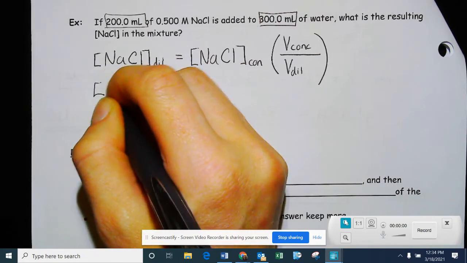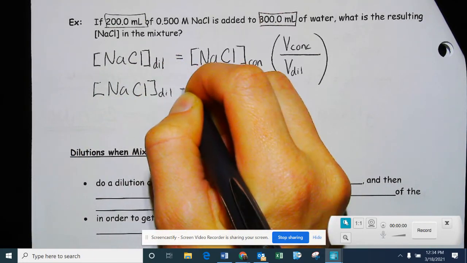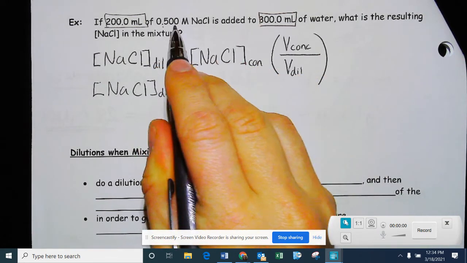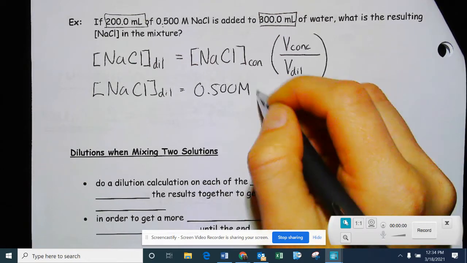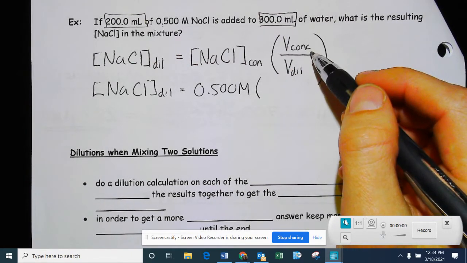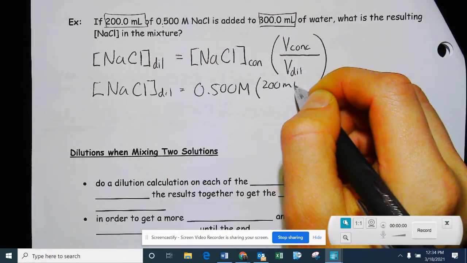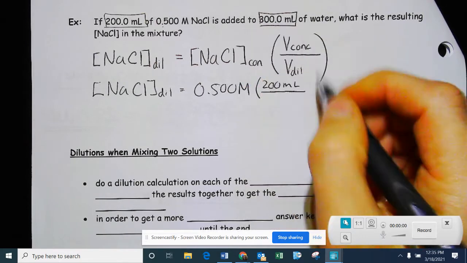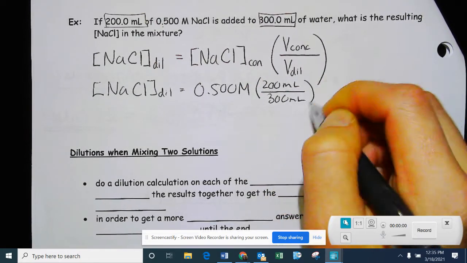So we want the concentration of sodium chloride diluted. We're going to go 0.500 molar, our initial concentration, times our volume concentrated, which was 200 milliliters, divided by our volume of diluted, which is 300 milliliters.